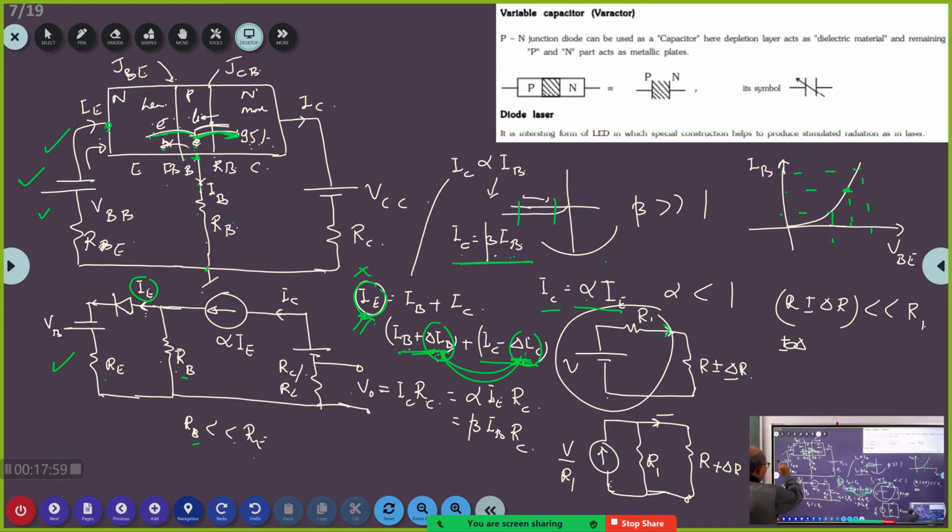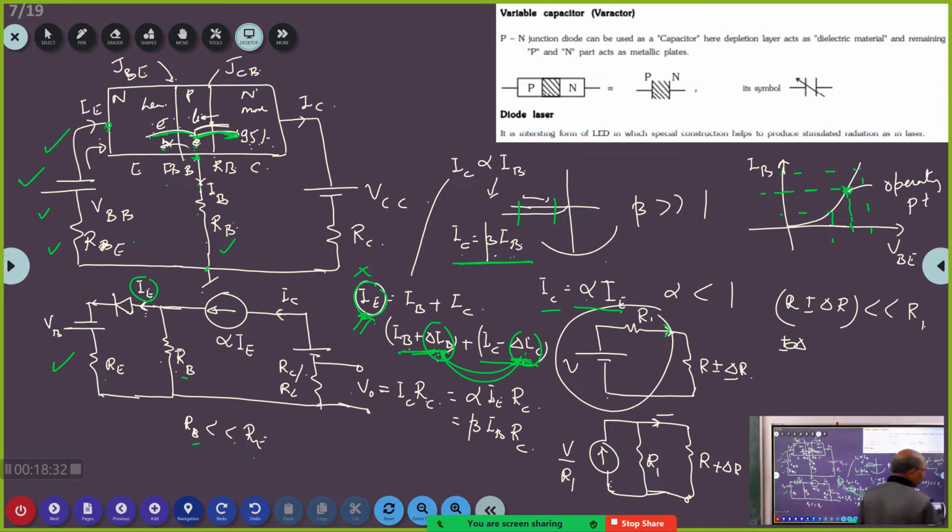For a certain value of VBB, RE and RB, I will get a particular value of IB and the corresponding value of VBE. This is the point of intersection on the characteristic of the base-emitter junction diode. So this is called the operating point.